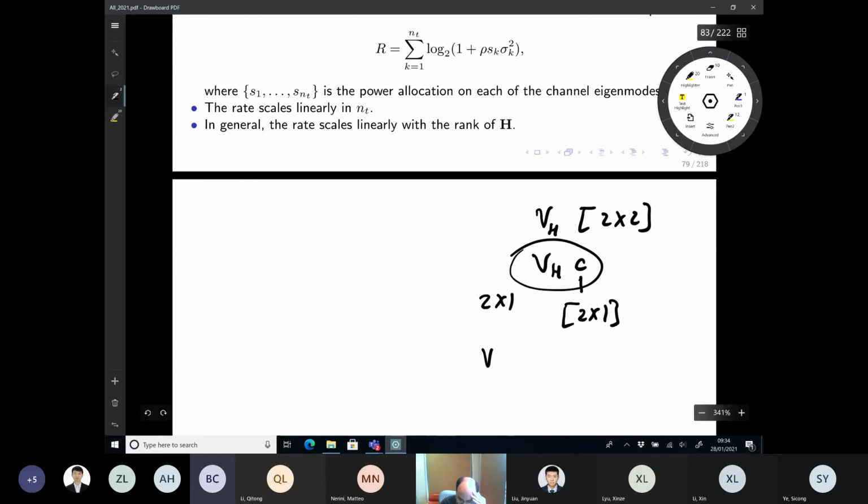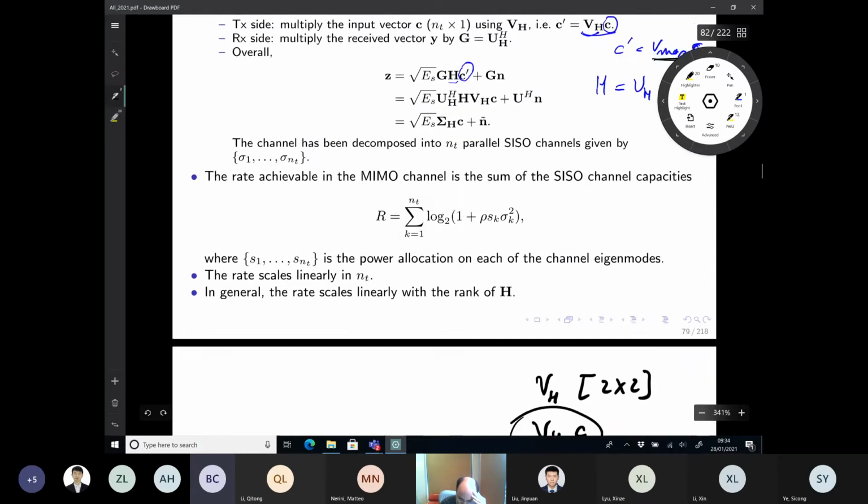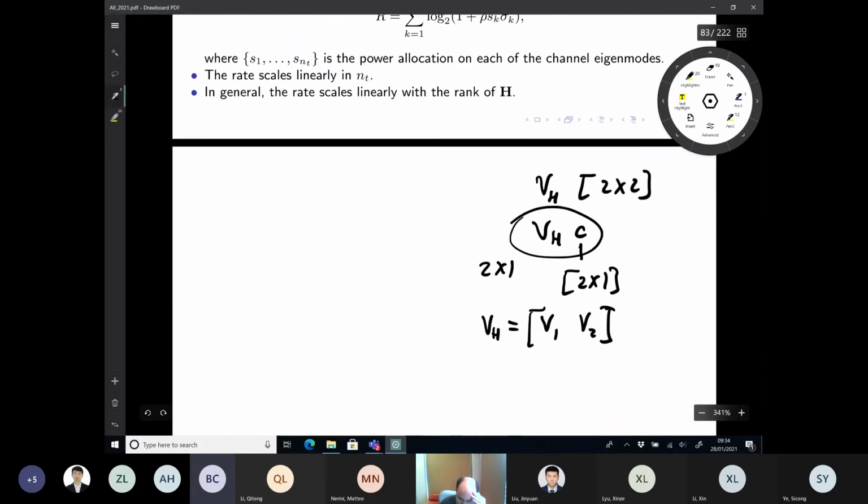But now what that means is that I have V as V1 and V2, right? And I have multiplied by C, which is C1 and C2. My transmit signal, C prime, V multiplied by C, will be V1 multiplied by C1 plus V2 multiplied by C2. What does that mean? I transmit C1 along a certain direction, V1.